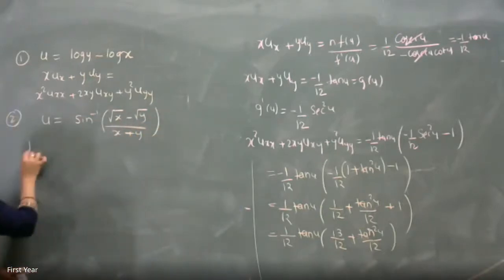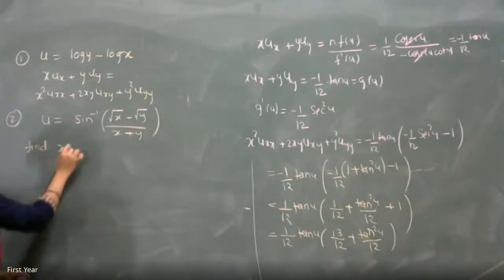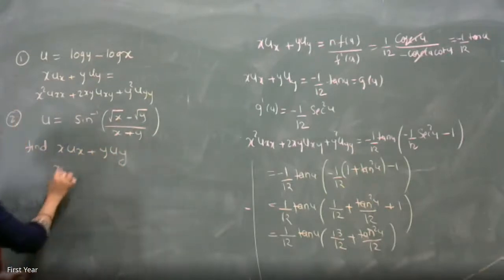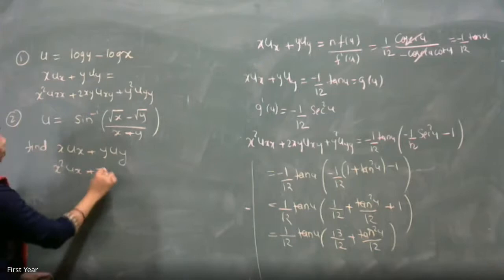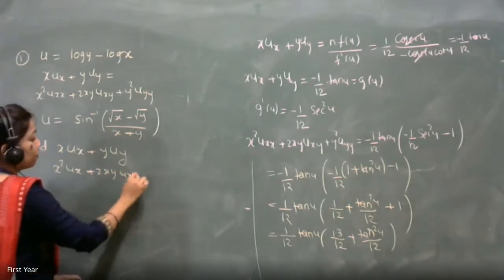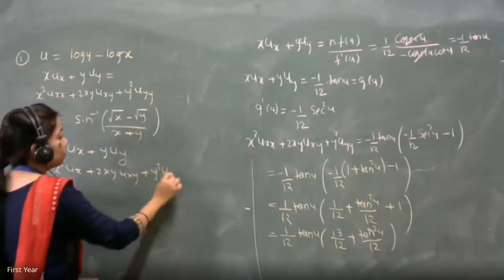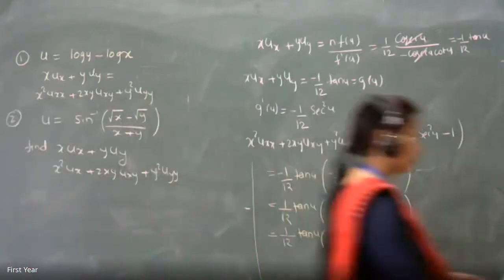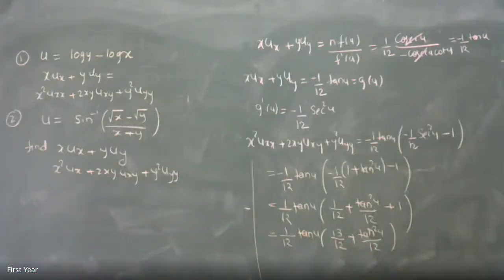Then find x ux plus y uy and x square uxx plus 2xy uxy plus y square uyy. Find out these values for both the questions.